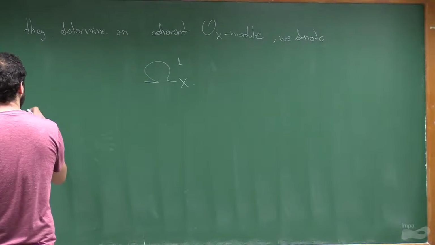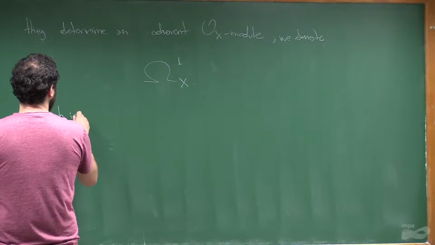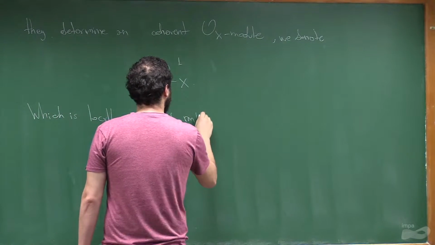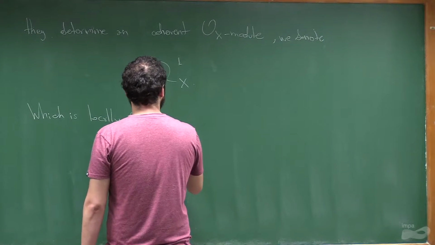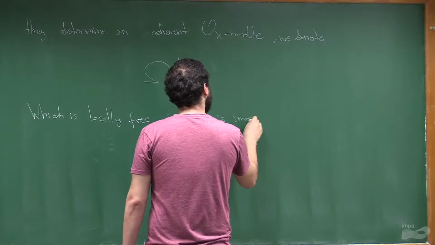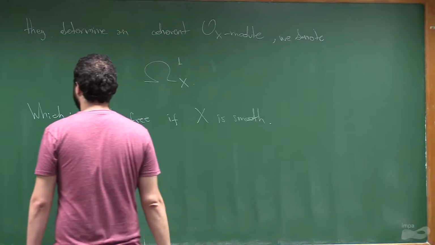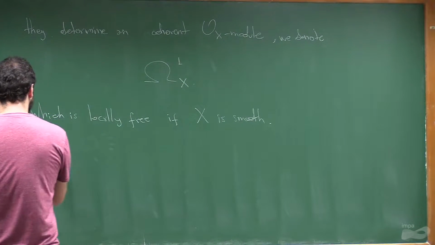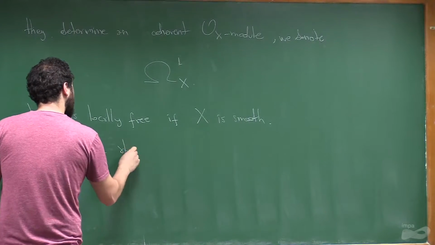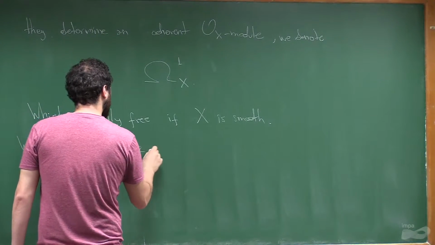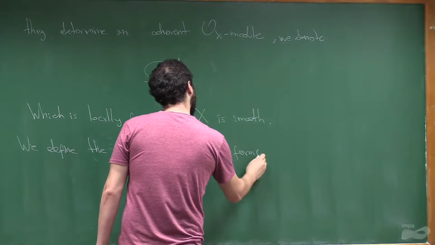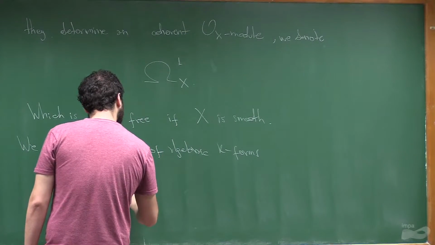Okay, and this is locally free if X is smooth, of rank equal to the dimension of X. Okay, so we define the sheaf of algebraic k-forms just taking the exterior power of this.